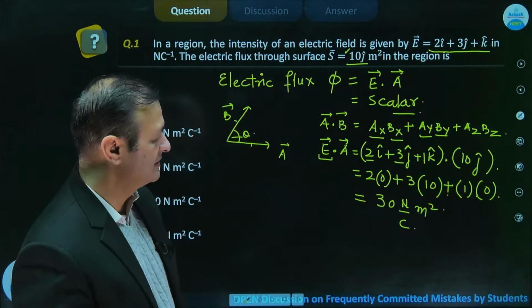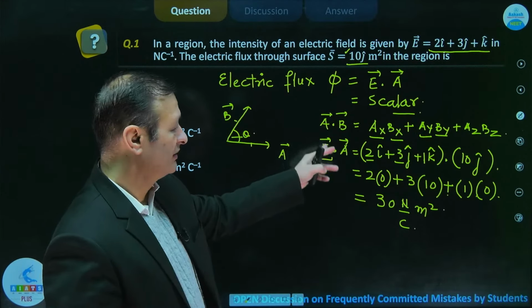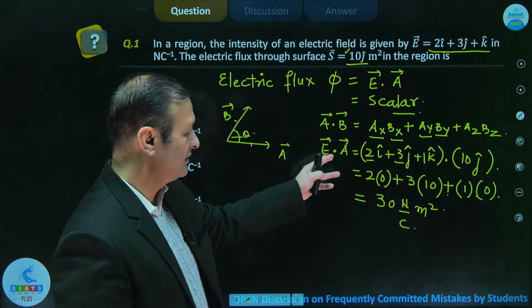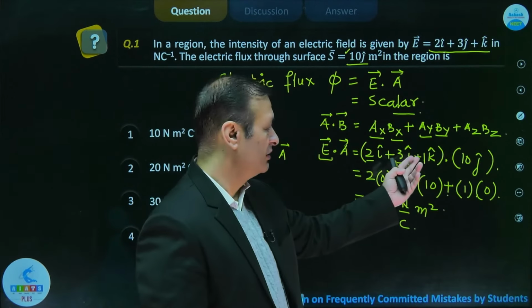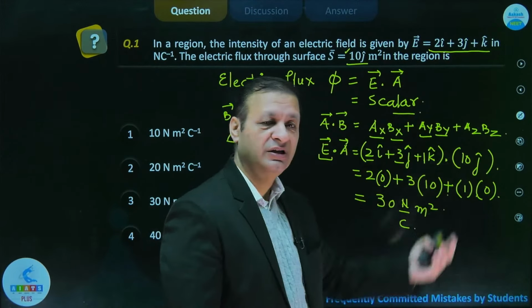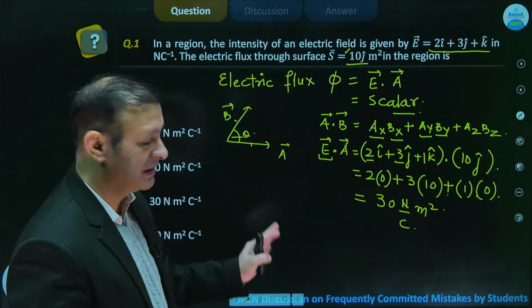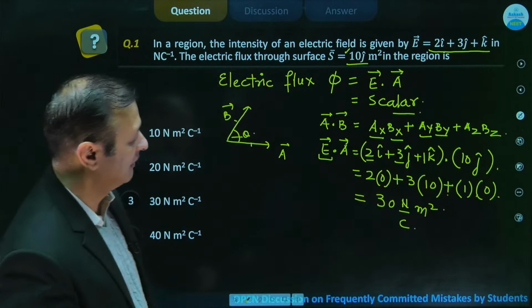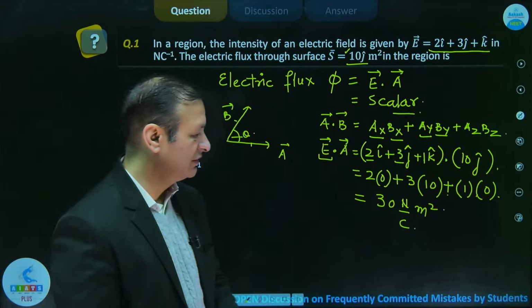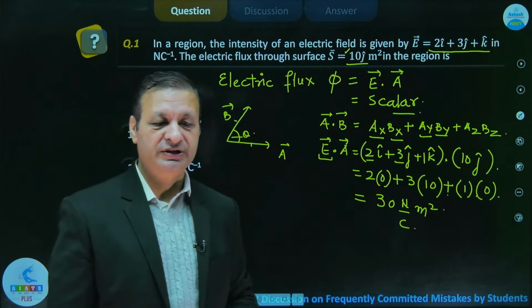So going by the same fashion, हमने यहाँ पर इसका numerical value, E in terms of vectors or area vector in terms of its components, we have just placed it, and putting all the values in this will give the required answer as 30 Newton per coulomb into meter square.